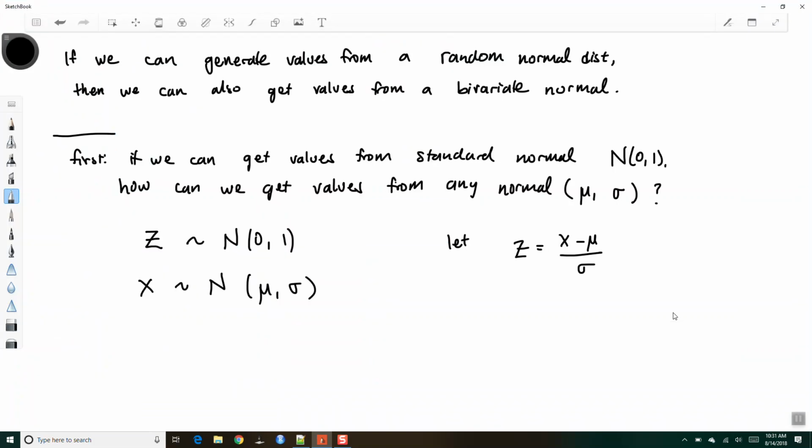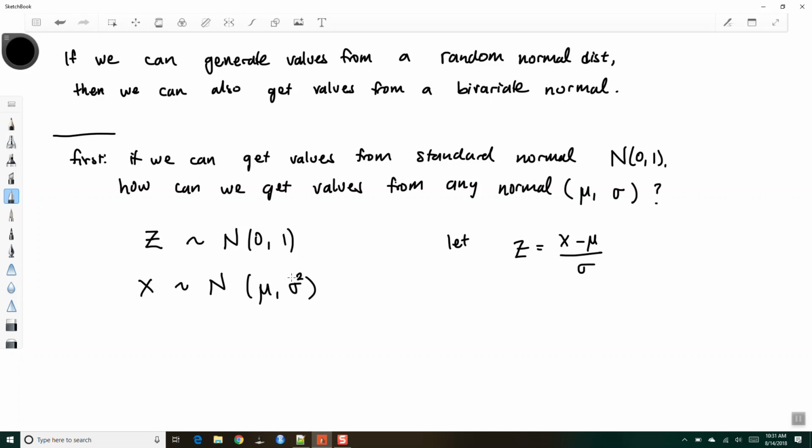Okay, and so if we're able to generate z's, yeah, this is convention.